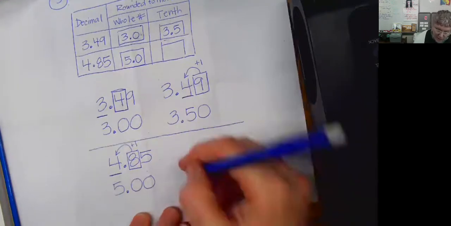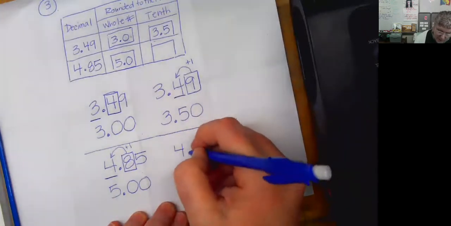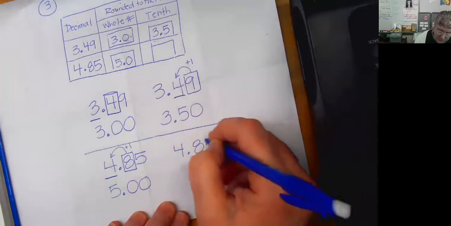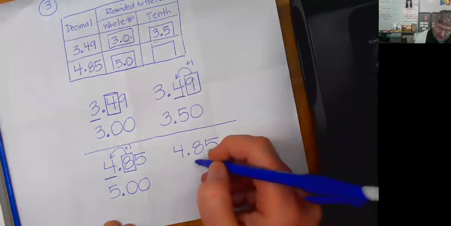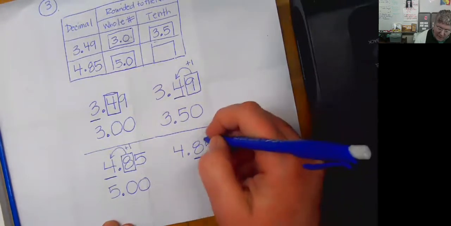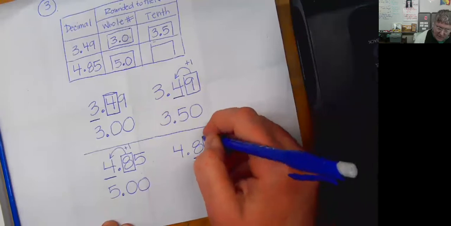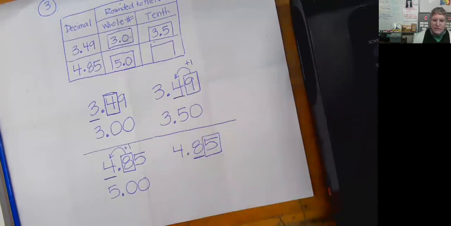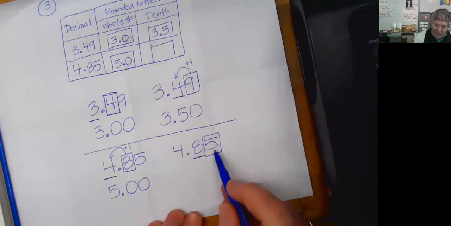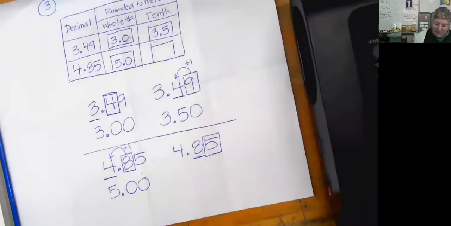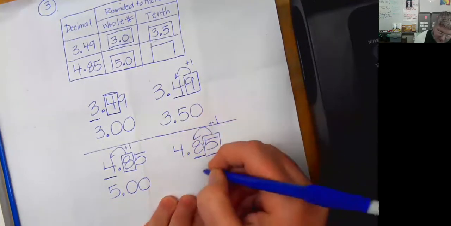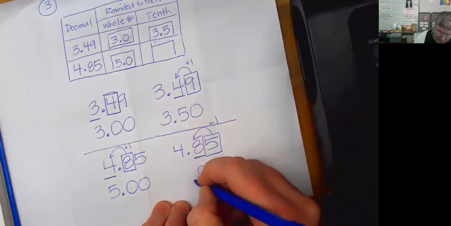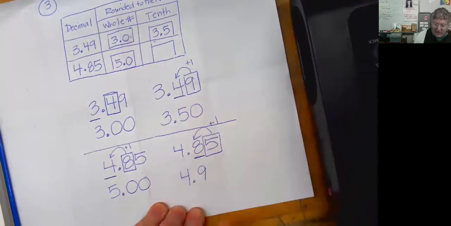All right, now we're going to deal with tenths. So we have the same number. Which number is in the tenths place? This 8 is. So I'm going to put my line under the 8. My box goes around the neighbor, right? And if the number in this box is 5 or greater, then we add 1. So this becomes a 9. The 4 stays the same, and the decimal stays the same.